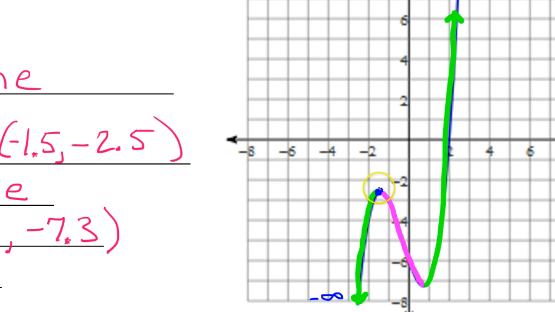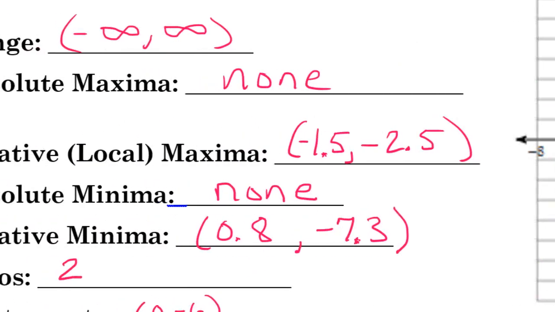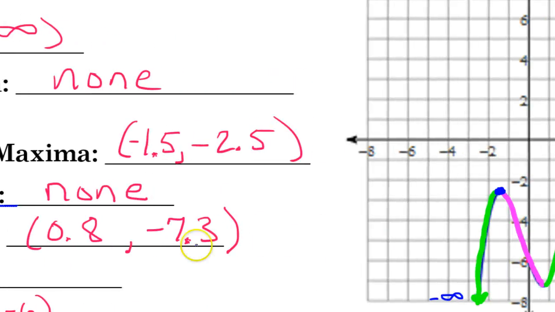Now the x value of this spot right here, we decided was like negative 1.5, that was a local max. So I'm going to do that again, negative 1.5. Now down here at the minimum, this is about 0.8.